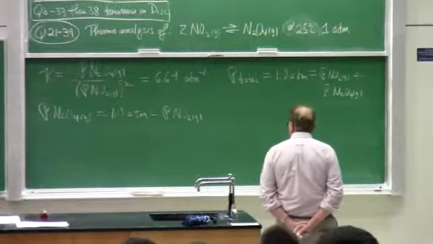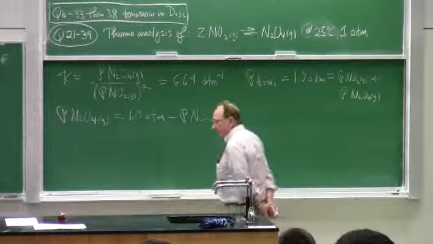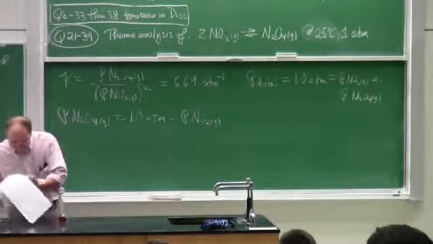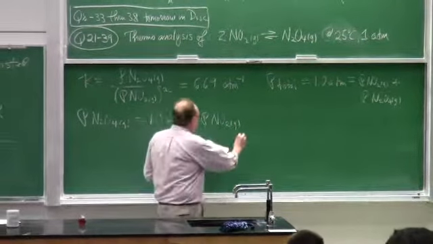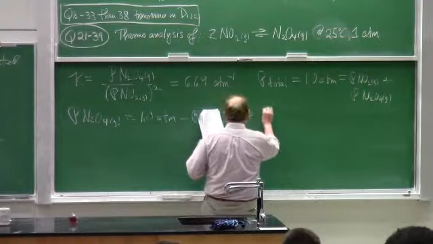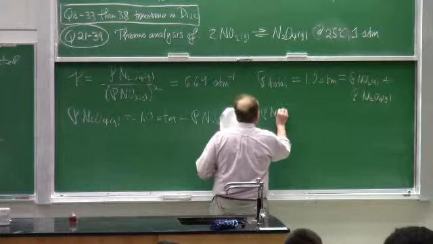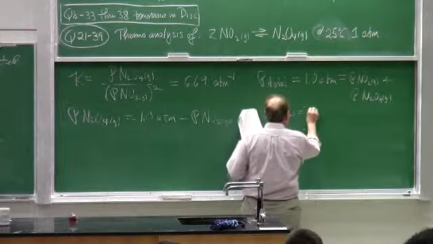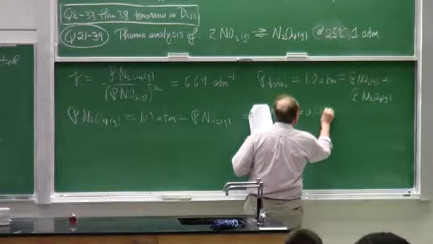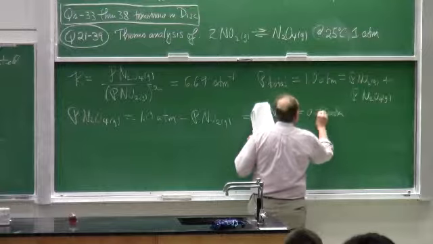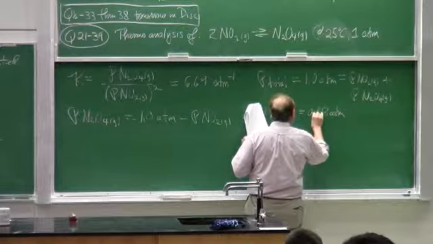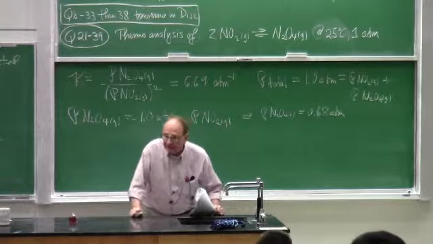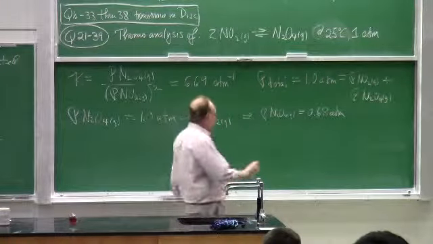All right, we know how to do the calculation. I'll write the results. PN2O4 calculates to be 0.68 atmospheres.